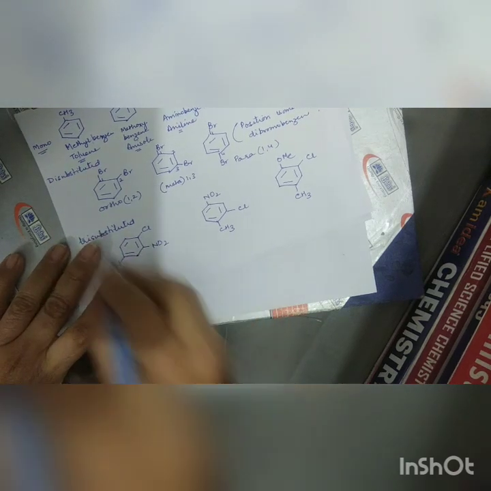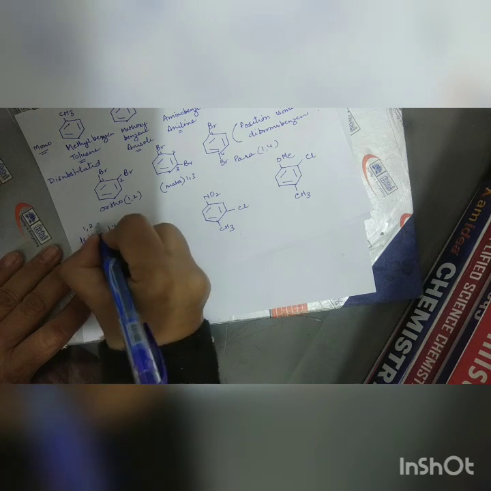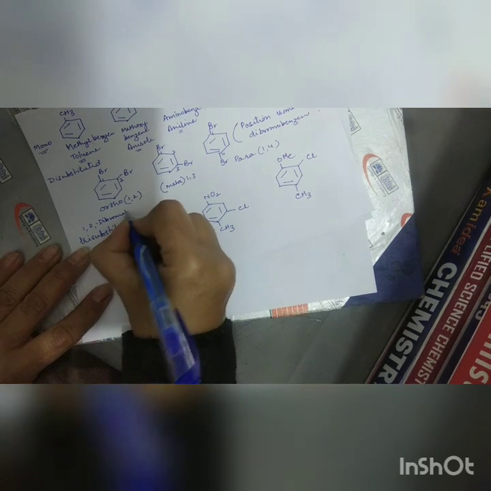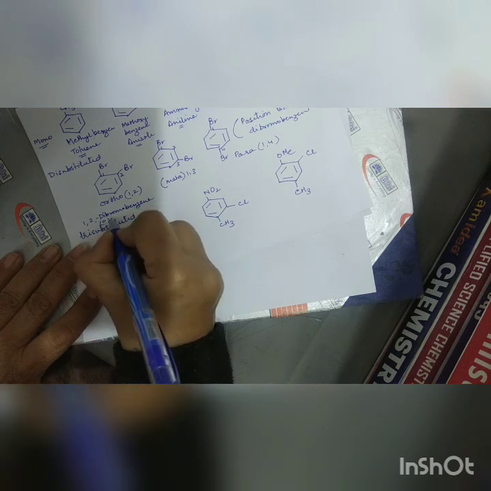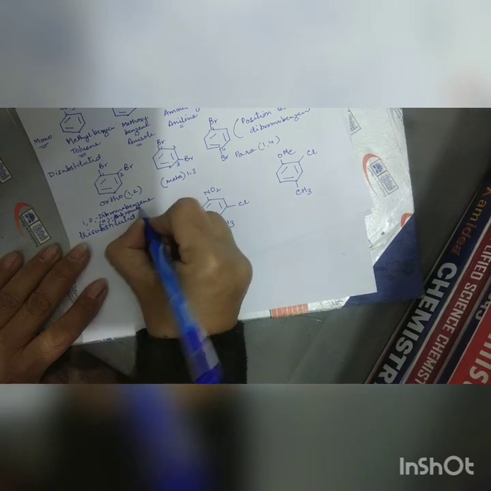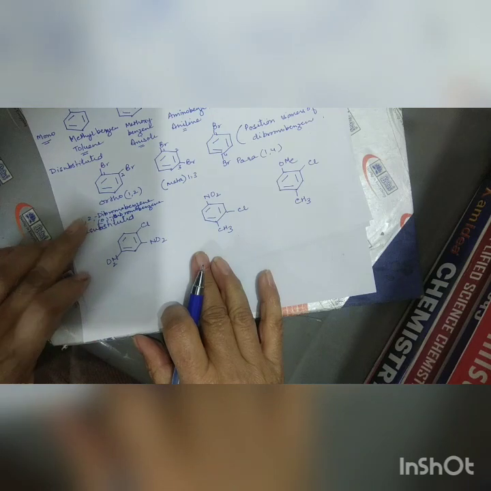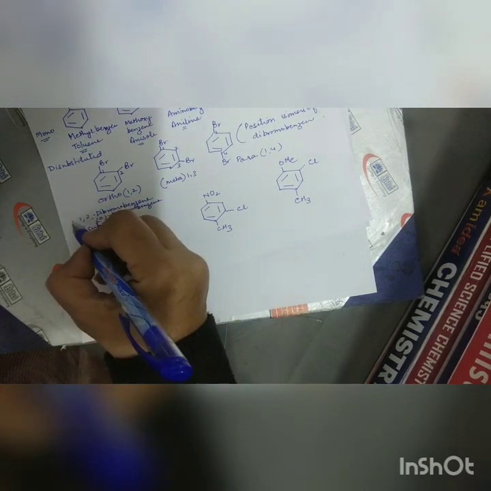For them, we can write this as 1,2-dibromobenzene, or we can put a small o, o-dibromobenzene. It can also be ortho-dibromobenzene or 1,2-dibromobenzene. Both are accepted by IUPAC, but this is the correct way.